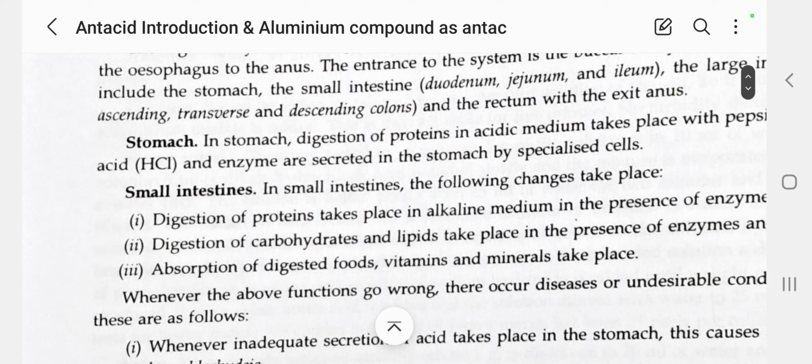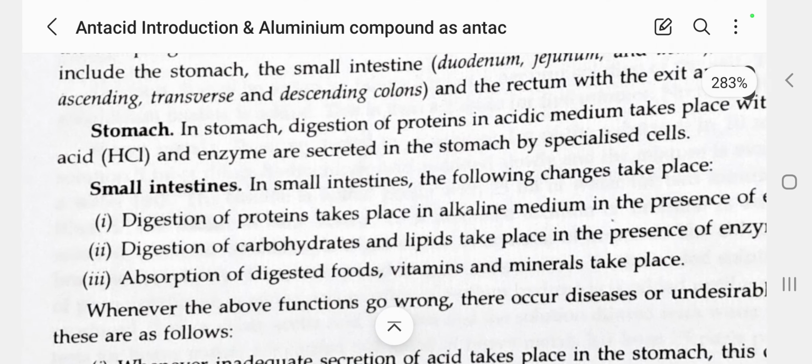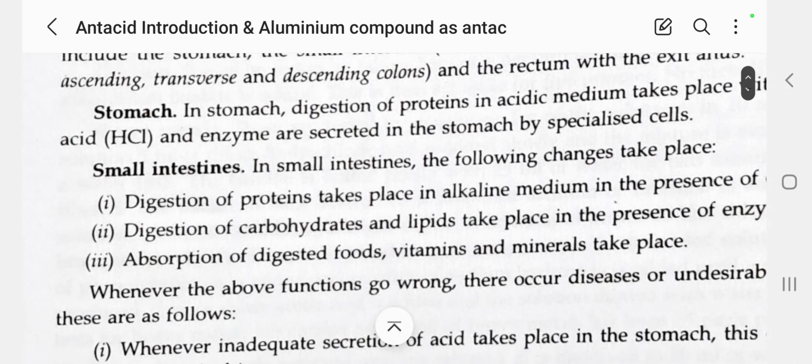Both acid, hydrochloric acid, and the enzyme are secreted in the stomach by specified cells. Small intestine. In small intestine, the following digestion takes place. Digestion of protein takes place in alkaline medium.